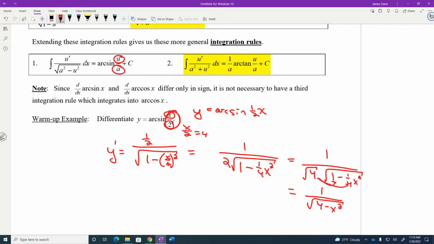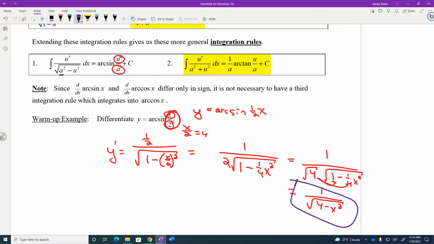So then if you were to look at this little formula here for the arc sine, it's written in this formula as a squared. Let's say we're starting with this problem here. What would a be in this problem? Yeah, 2, because it's a squared.